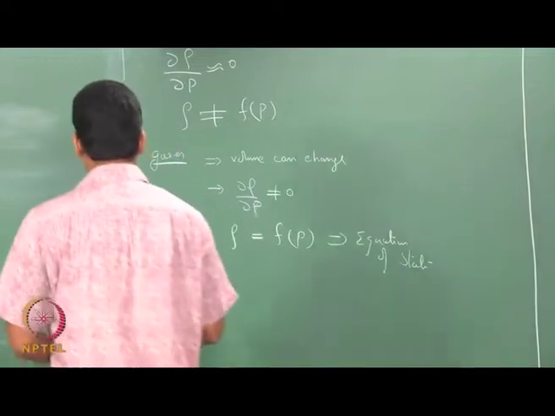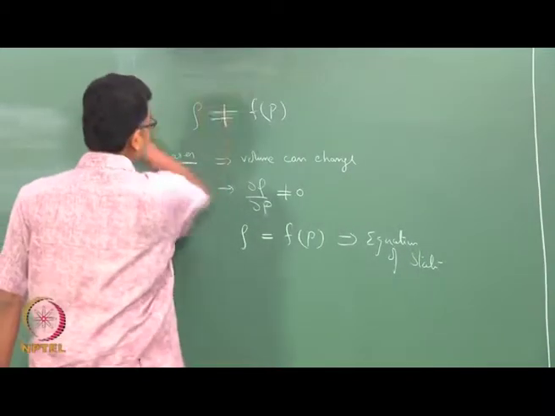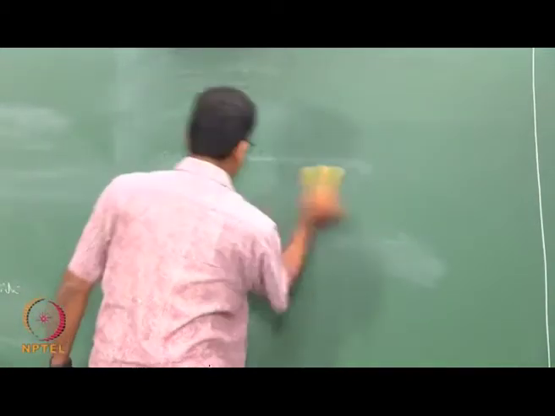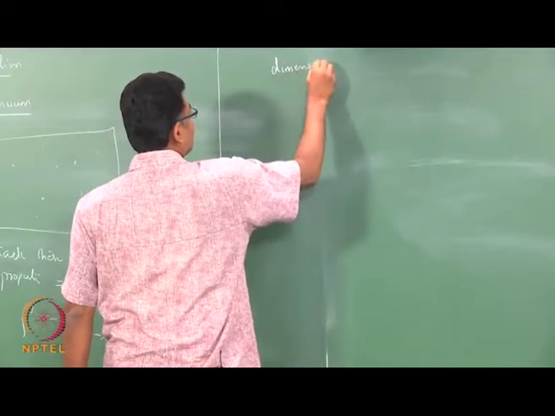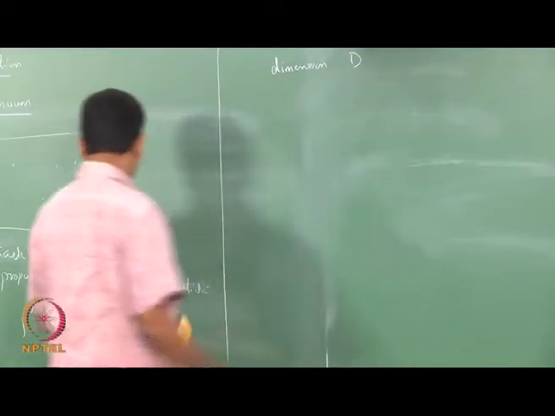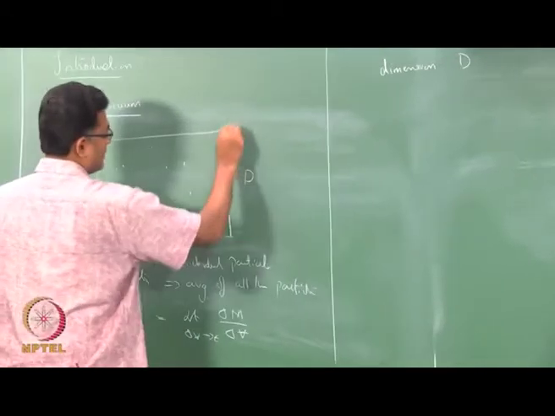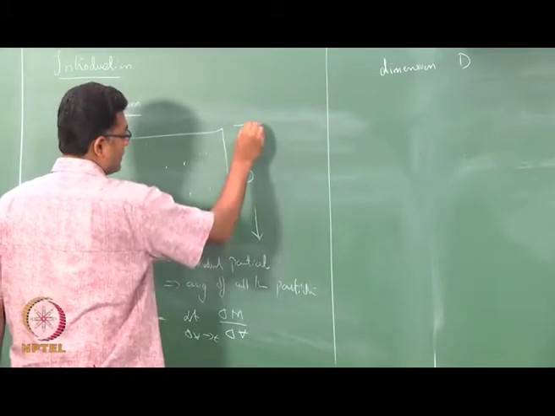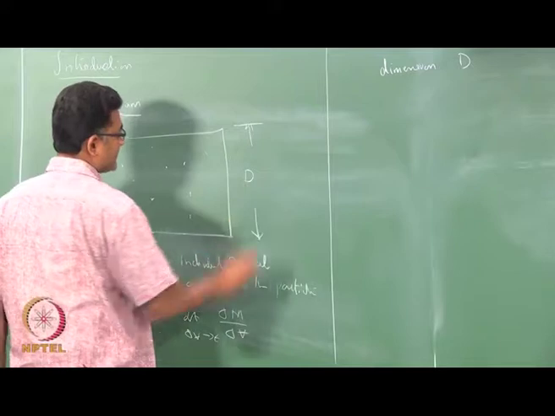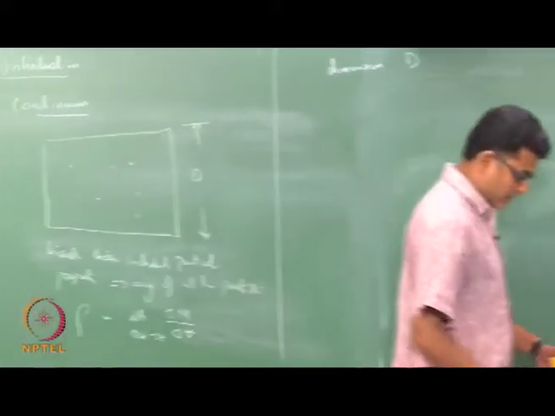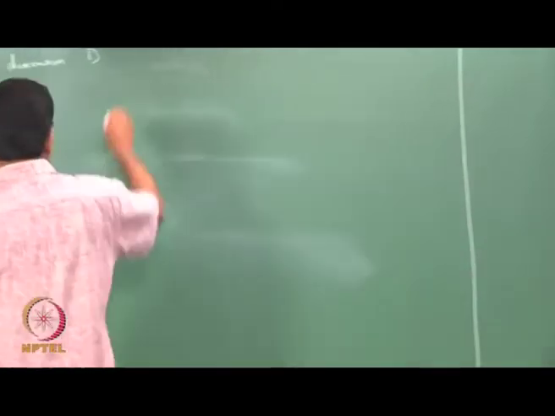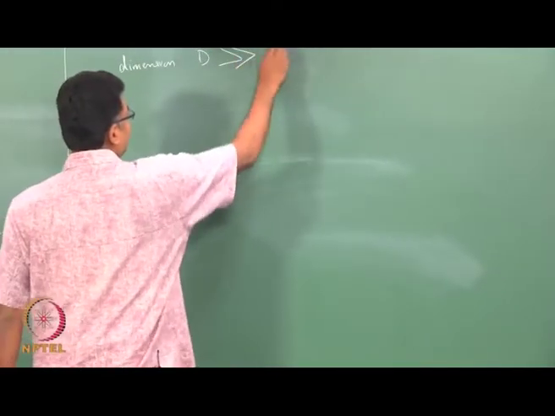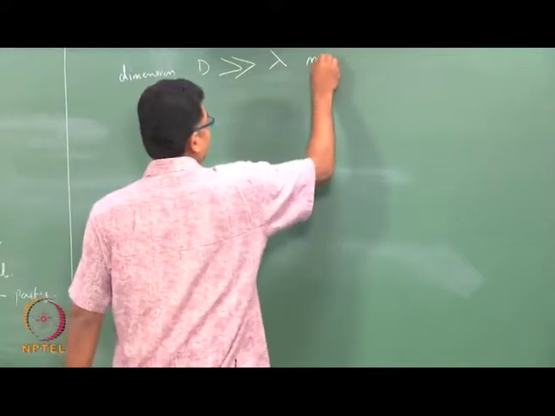This also means that the characteristic dimension of the container or the domain in which we are studying the flow, the dimension d, is much larger than something called the mean free path.